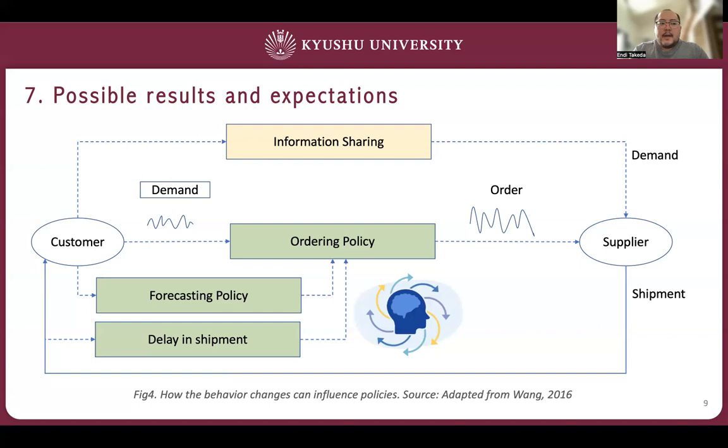When those new technologies actually affect human behavior, we're going to change our ordering policy, or we are going to change our forecasting policy, and this kind of change in the policy is human behavior.